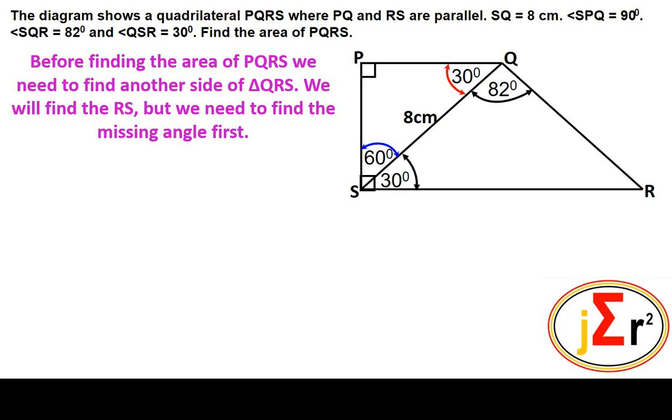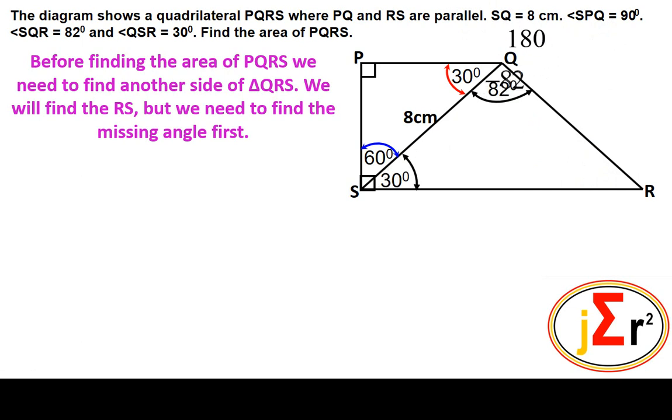The angle that we have missing right there, notice that it is the only missing angle in a triangle. And if so be the case, what do we need to do? We need to take away the sizes of the other angles from 180 degrees, and by so doing, we will find the size of that angle.